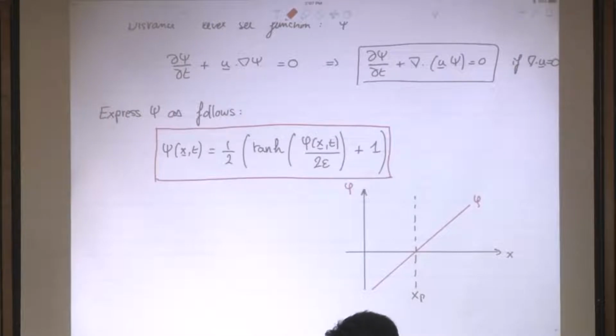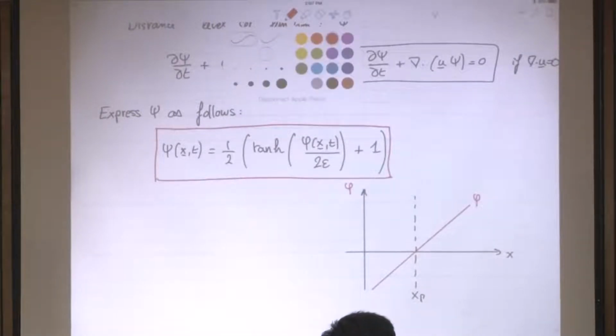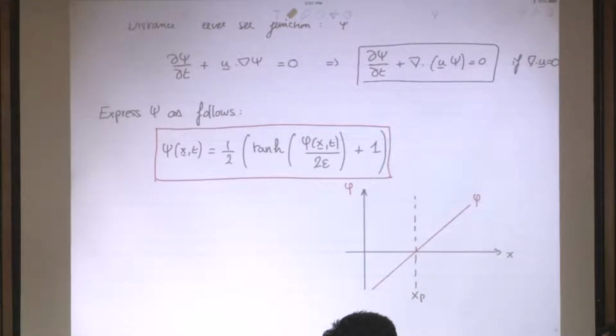So this is my phi. With our definition here, what we're proposing is a level set that looks like this. Between 0 and 1, this is our psi value, with our interface located at 0.5.